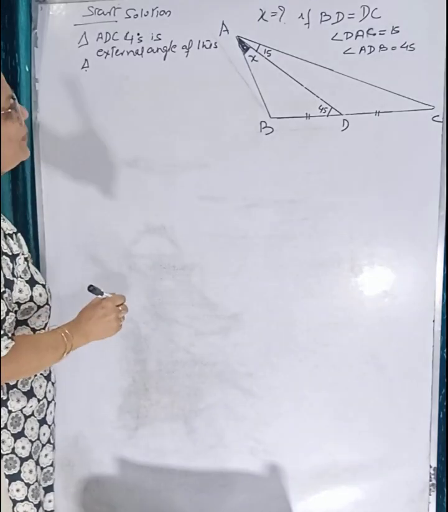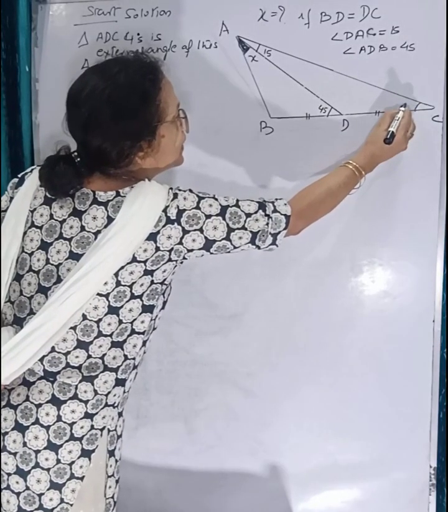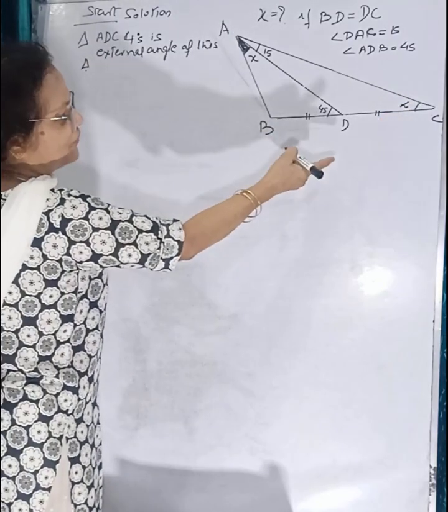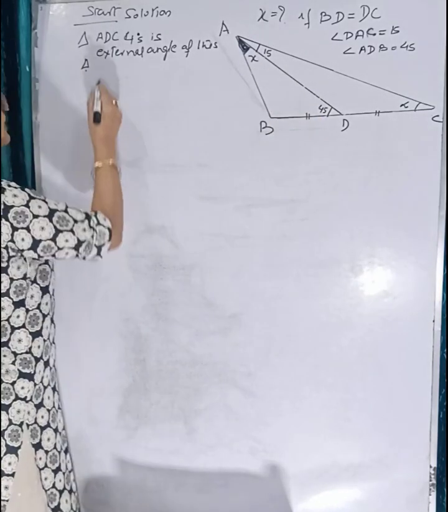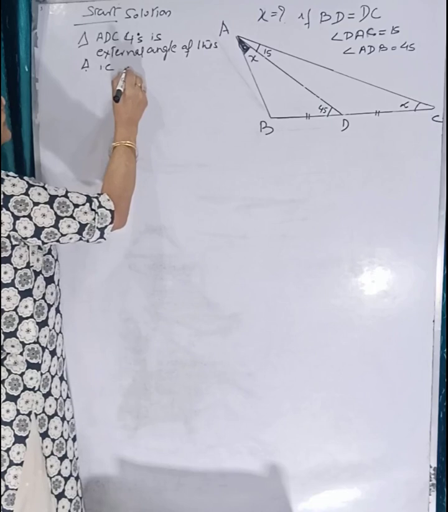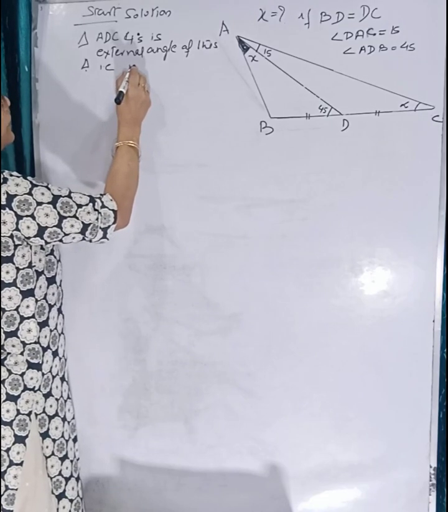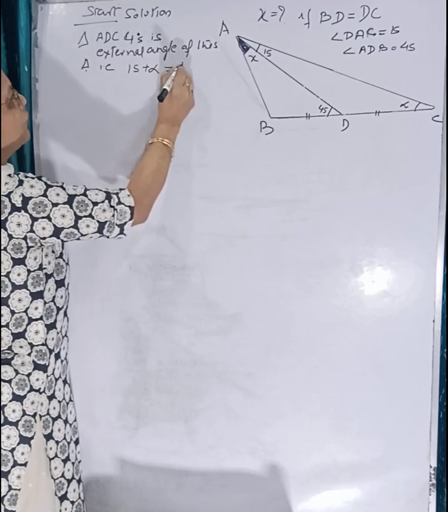इसका मतलब ये हुआ that if it is equal to alpha, then alpha plus 15 will be equal to 45. It means for 15 plus alpha, this will be equal to 45.